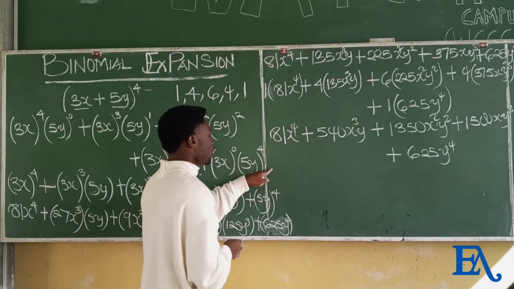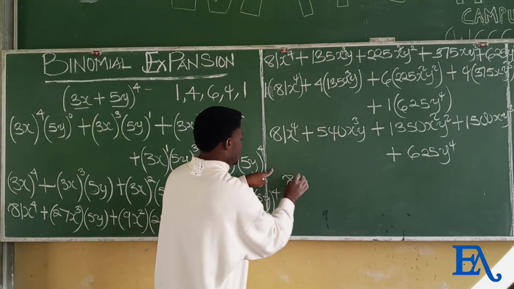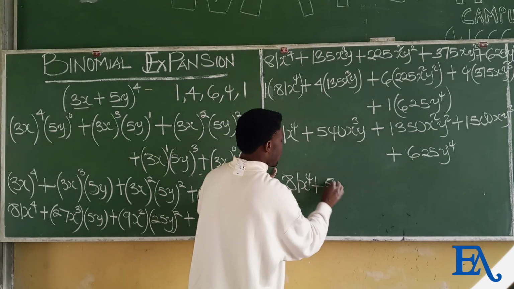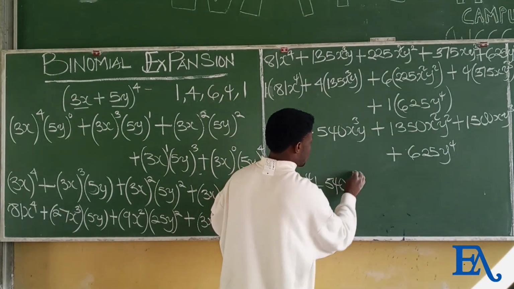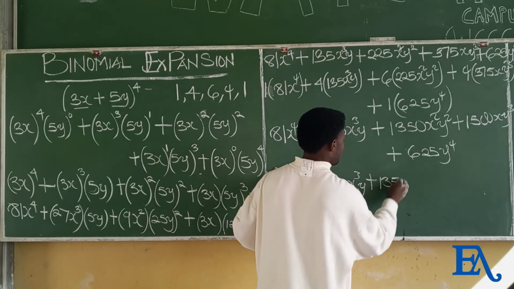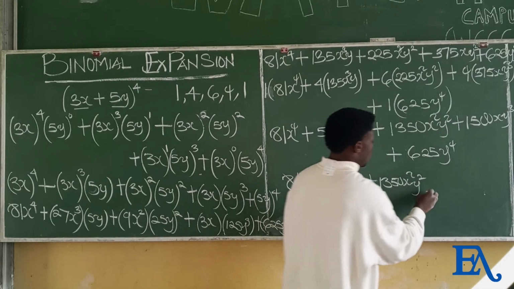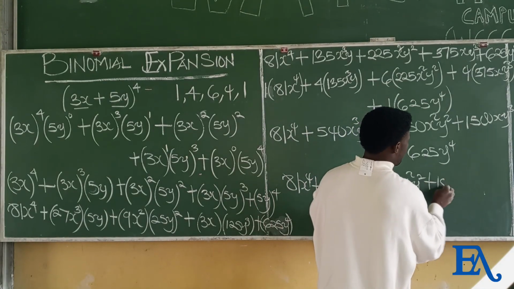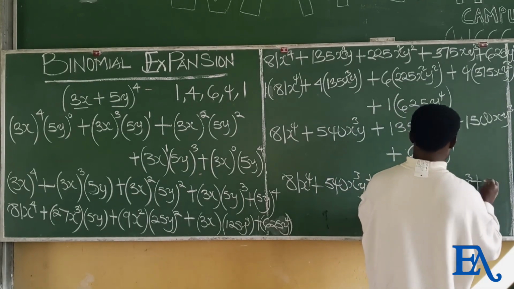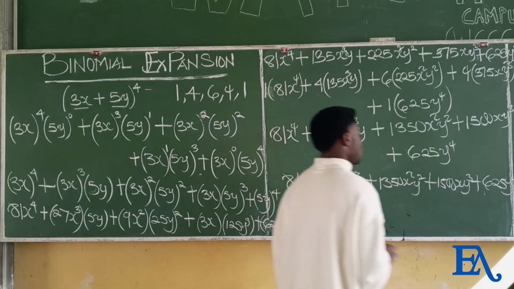Alright, so this is the final result. Let me rewrite. 81x raised to the power of 4 plus 540x cubed y plus 1350x squared y squared plus 1500xy cubed and plus 625y raised to the power of 4.